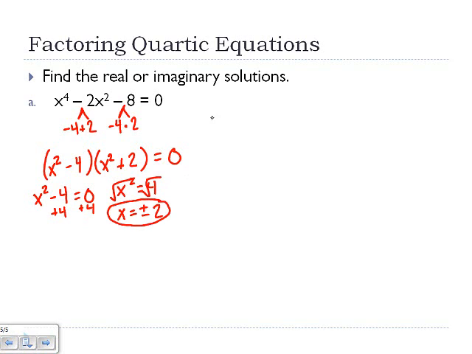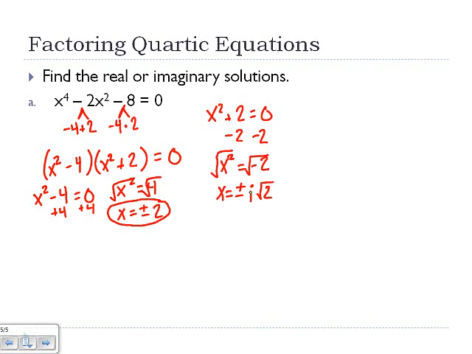To find the 2 remaining answers, we will say x squared plus 2 equals 0. Subtract 2 from both sides, and x squared equals -2. Take the square root of both sides, and x equals plus or minus i root 2.